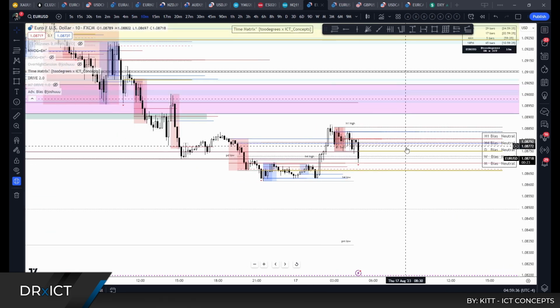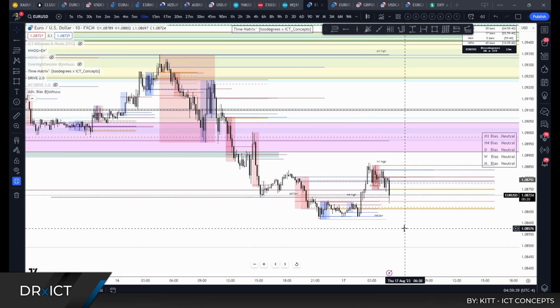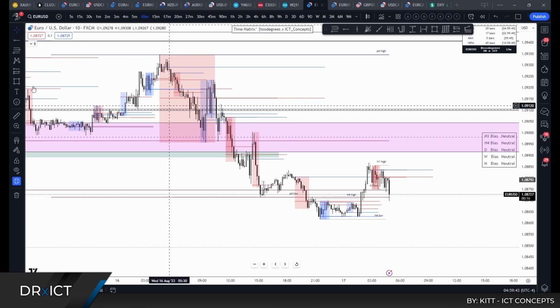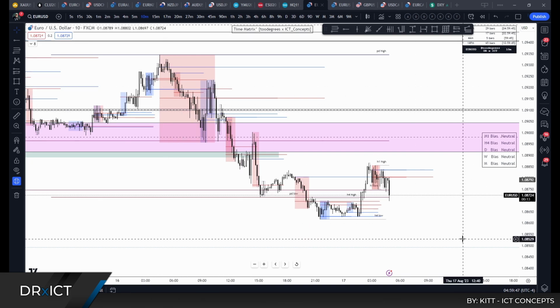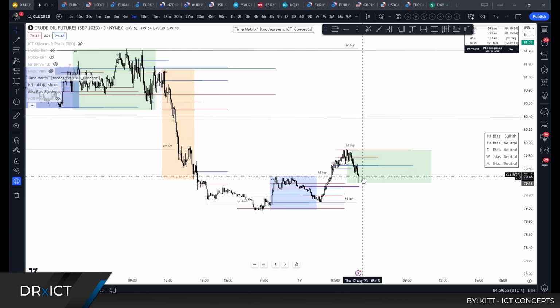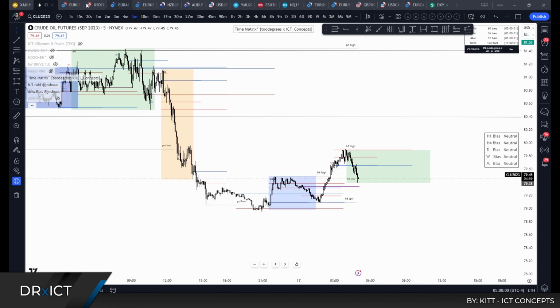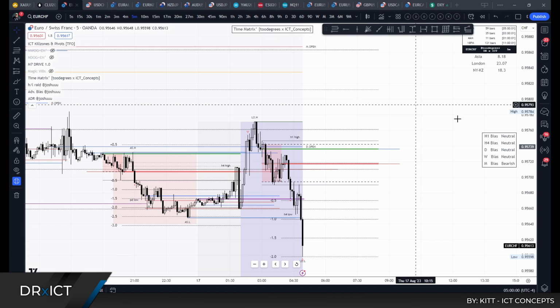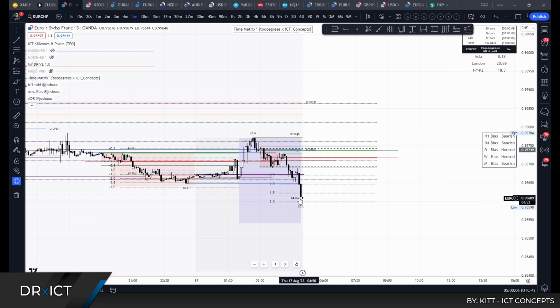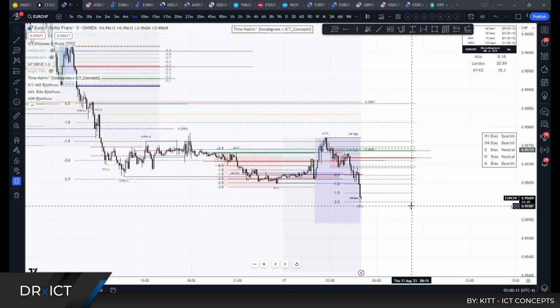Same chart, just looks a little different. Oil's moving. 5. We like 5 o'clock as our Judas. Like to see a 5 o'clock Judas.